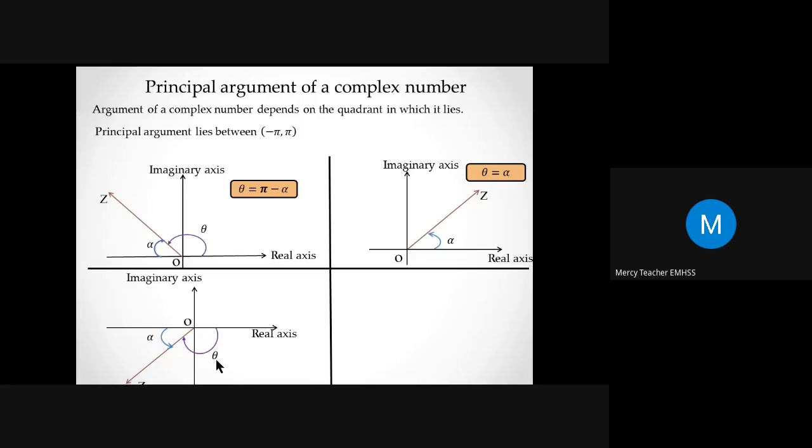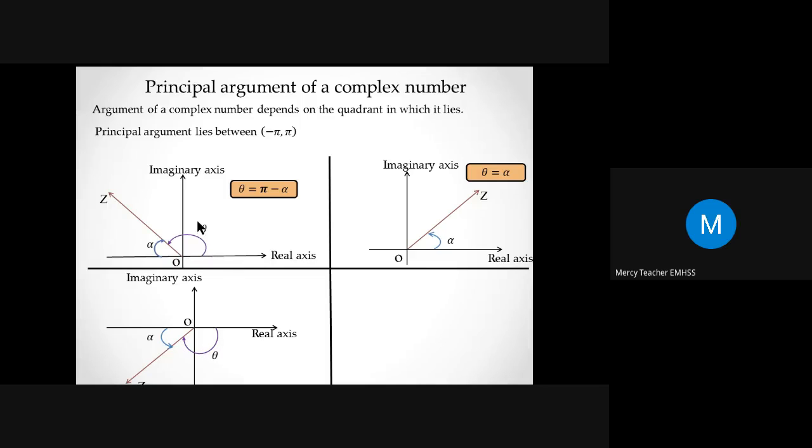taking the clockwise direction of theta. If you consider the first case, this is anti-clockwise theta, and here also anti-clockwise. But in this case, we are taking the principal argument clockwise. Only the direction changes.